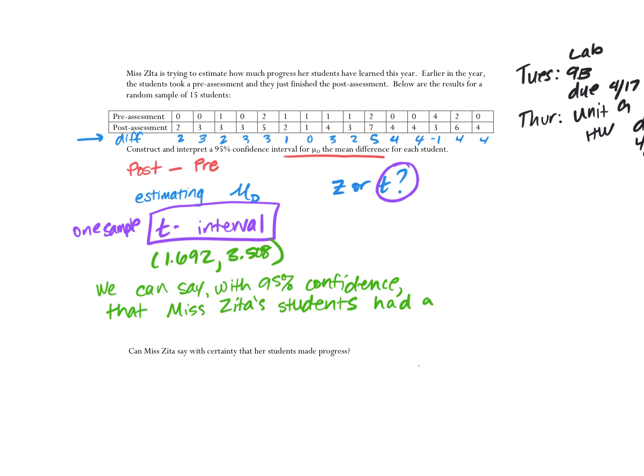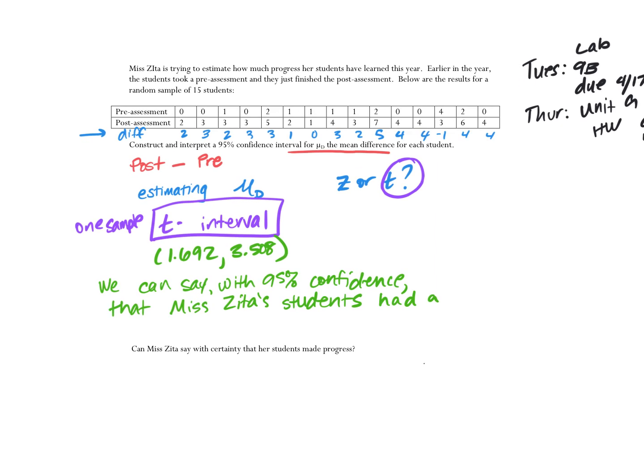In some respects, that's how much the scores changed, right? Each of the numbers that came from was a change in score, an improvement in score, okay?